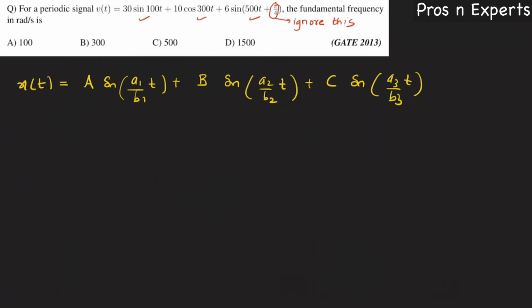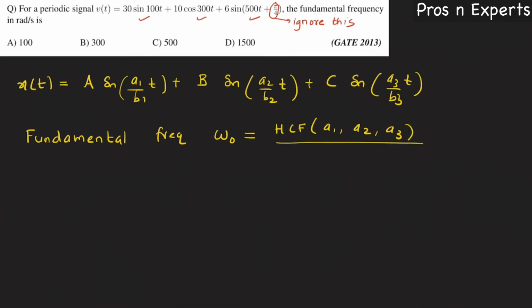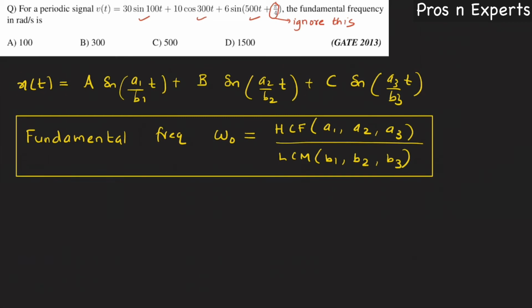If this is a signal, then the fundamental frequency of the signal, let me call it omega 0, will be equal to HCF of a1, a2, a3, etc., divided by LCM of b1, b2, b3, if it has further terms. So this is the thumb rule you have to remember in this kind of questions.